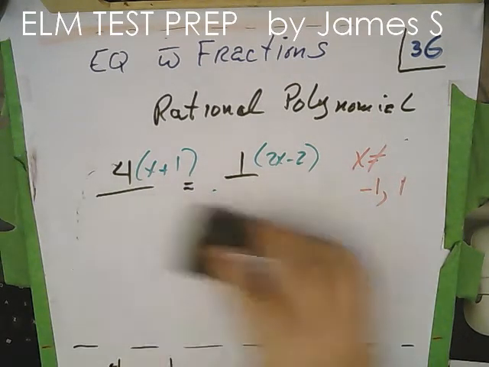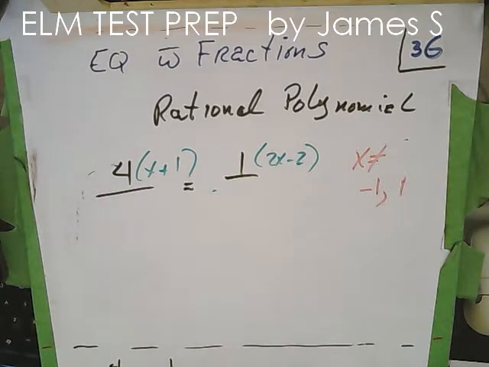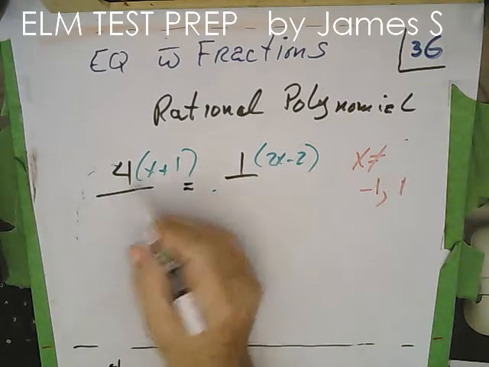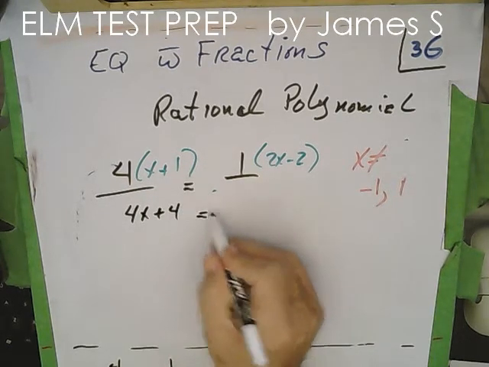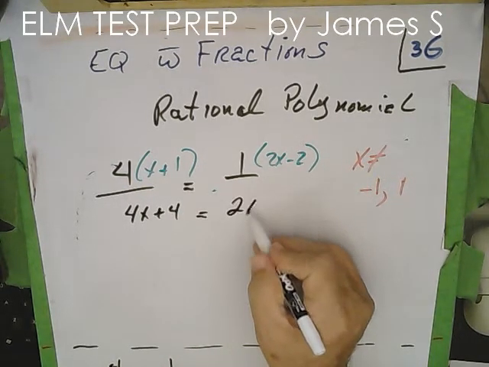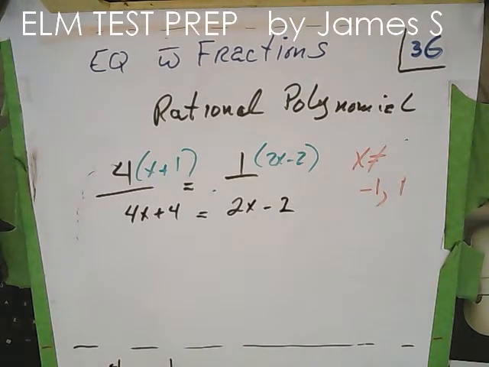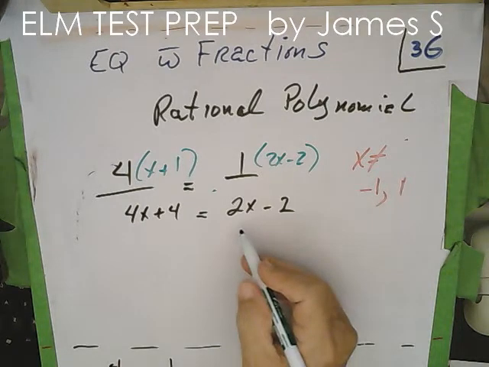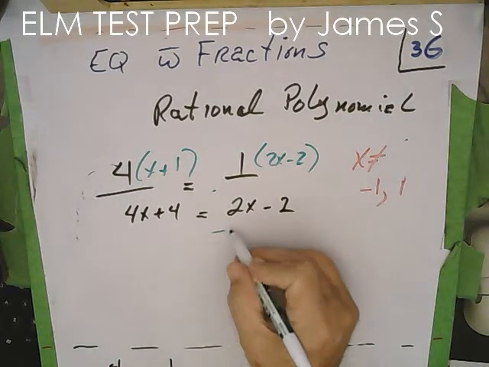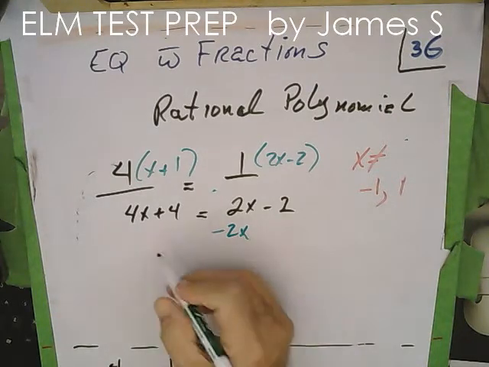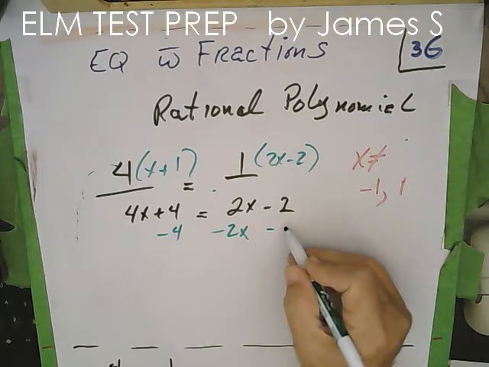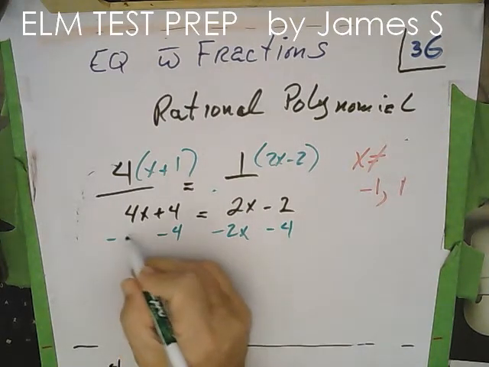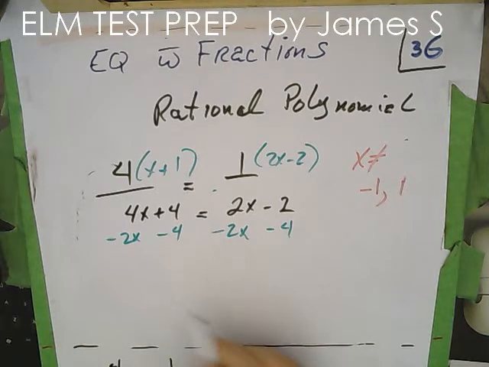Having decided that, I am going to continue on. 4 times x is 4x. 4 times 1 is 4. Equals 1 times that, which is 2x minus 2. What we're going to look at is getting all the x's on one side. So I'm going to subtract 2x from both sides, and I'm also going to subtract 4 from both sides.